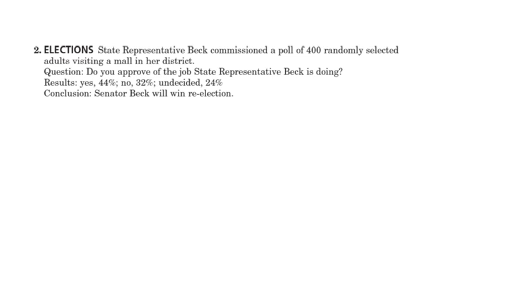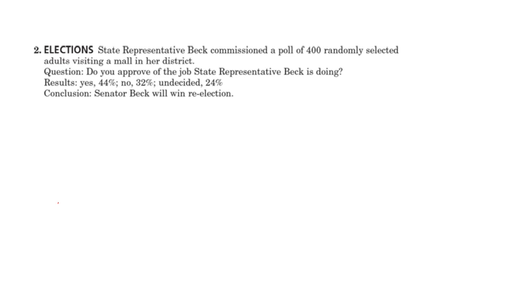I think for a couple reasons this would not. First of all, not all people in the mall may be from her district. I go shopping in Patrick Henry Mall, but that mall's in a different district than I live in.